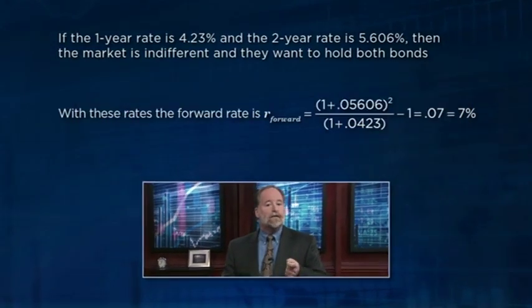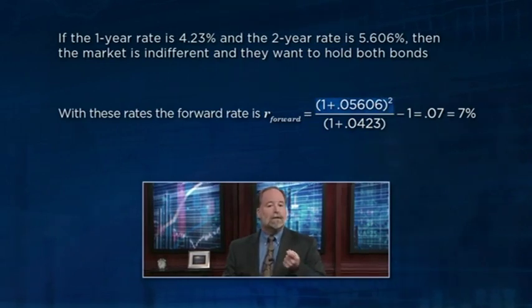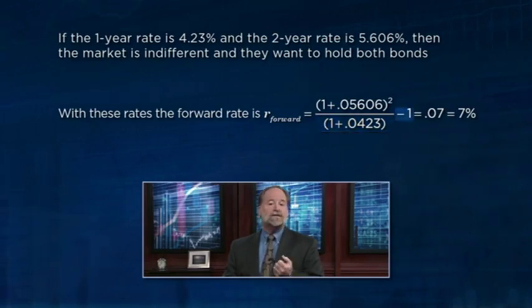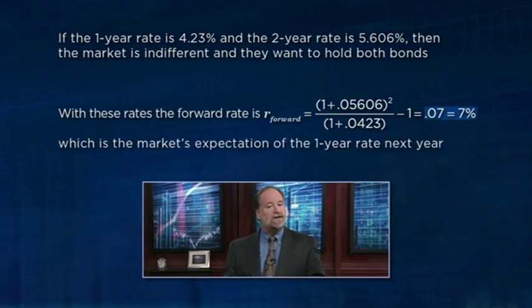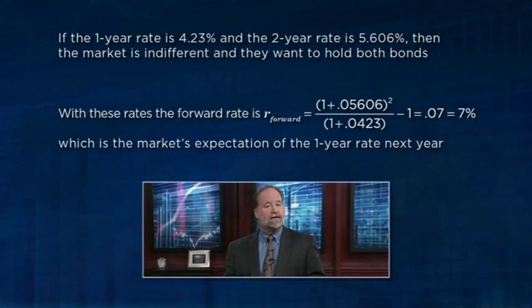With these rates, the forward rate is calculated as 1 plus the 2-year rate, 0.05606, take 1 plus that, square it, divided by 1 plus the 1-year rate, 1 plus 0.0423, take all of that, subtract off 1, that equals 7%, which is the market's expectation of the 1-year rate for next year.